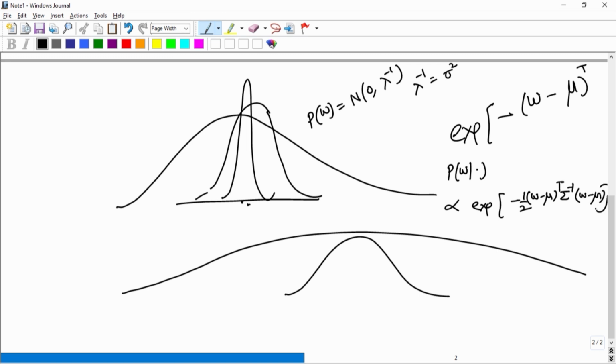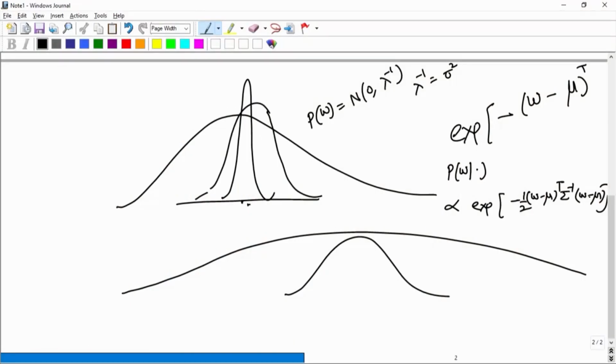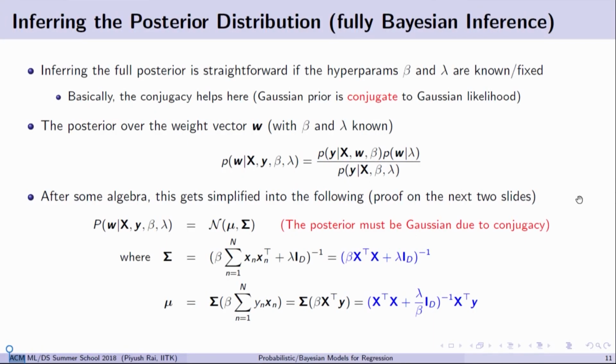So if I can multiply things together and represent it in this form, where I have the final expression as W minus something transpose sigma inverse W minus that same thing, then I can identify mu as the mean of the distribution and sigma as the covariance of the distribution. And in order to get here, I have to massage my expression into a quadratic form, and that is what I'll do in the next couple of slides. It's actually not a very complicated derivation, but I'll just show you the brief idea.